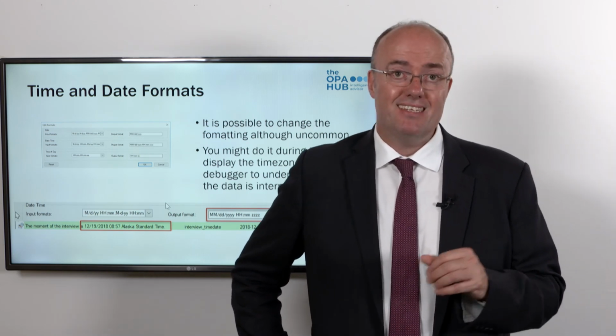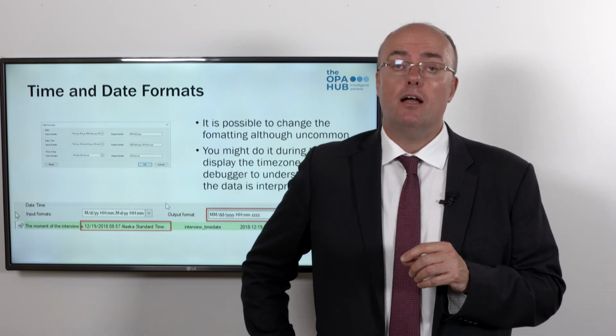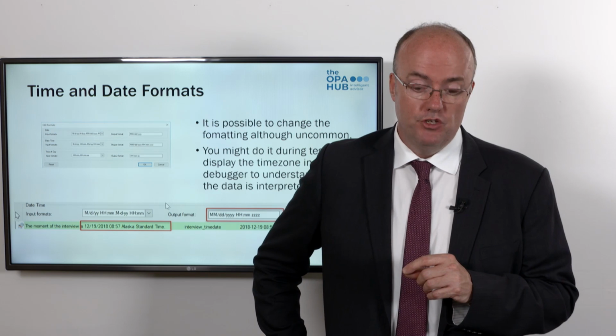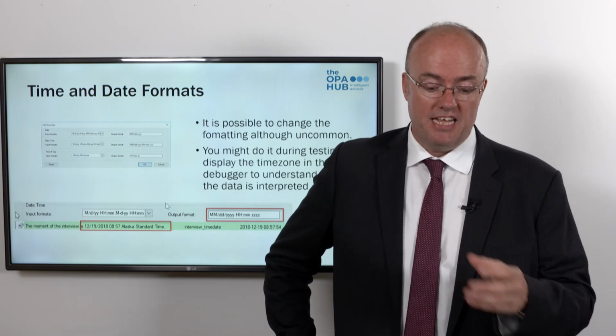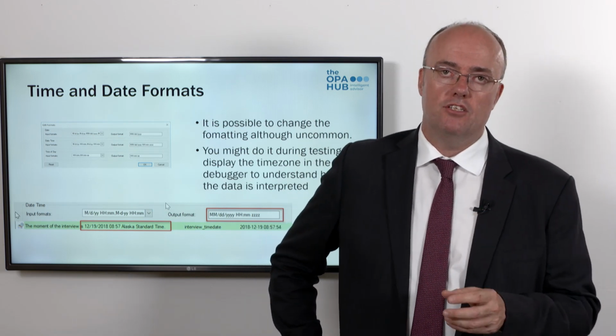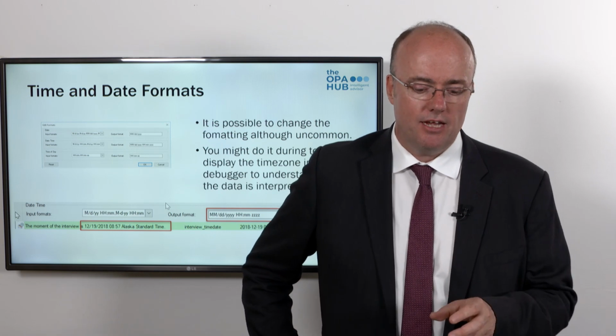For example, you might temporarily change some of the formats to include the time zone, so that when you're looking at the debugger and you're reviewing, for example, the date and time of the interview, you are clear as to what it means. Does it mean 8:57 GMT, 8:57 Alaska Standard Time?